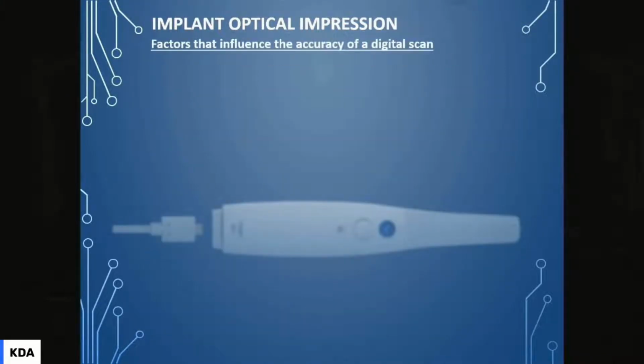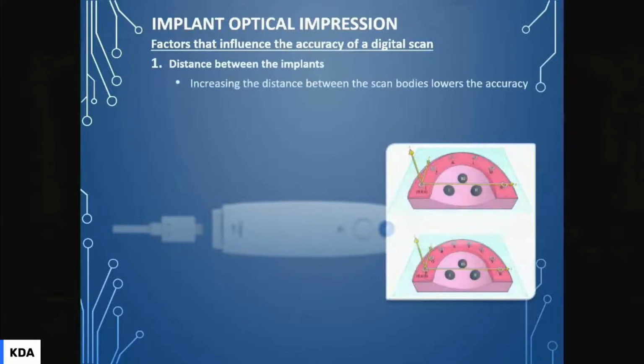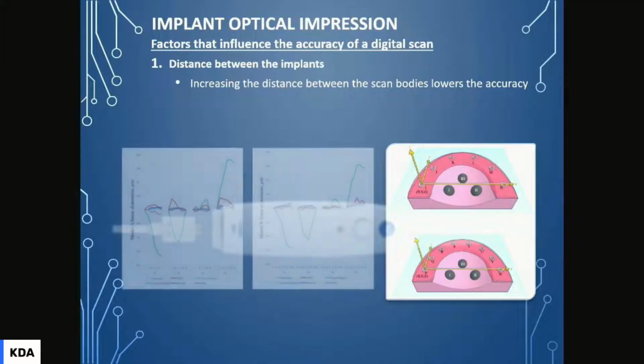So what makes an accurate scan and what makes a poor scan? There are factors. One is the distance between implants. So if you have multiple implants, the more distance between your implants, the greater the risk of misfits and poor, inaccurate digital impressions.